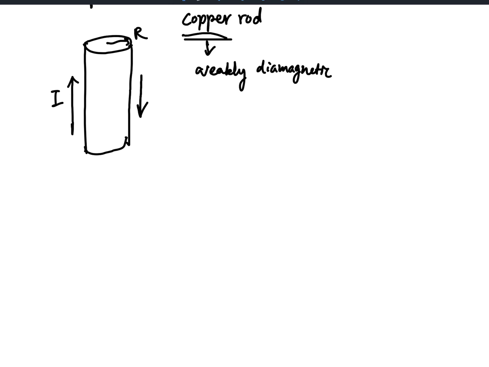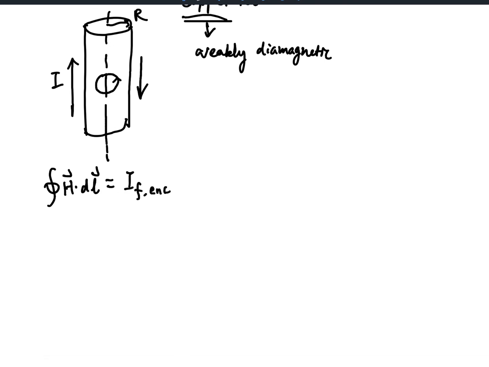Now what we do is define an Amperian loop that is inside. For the loop we have the integral of H dot dl equals I, the free current that is enclosed.